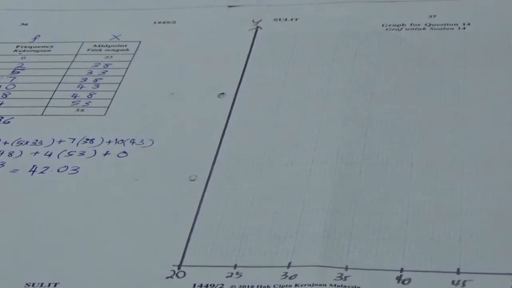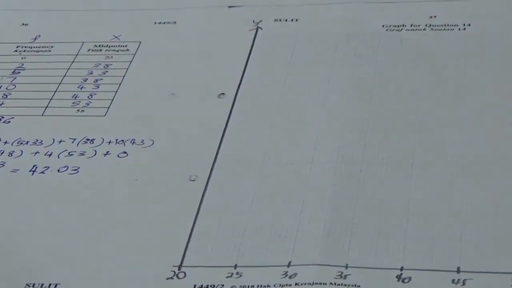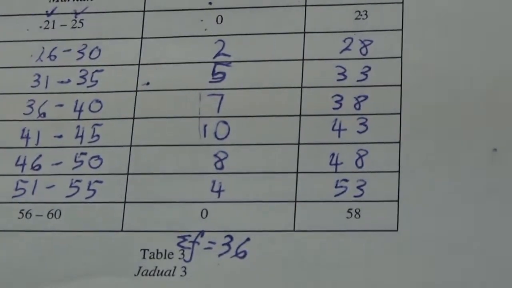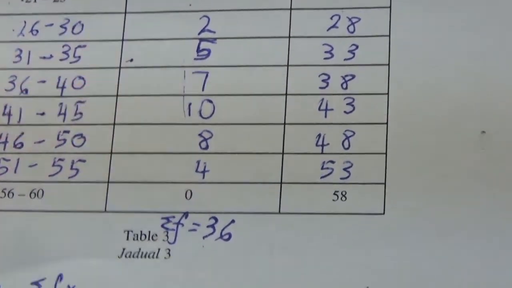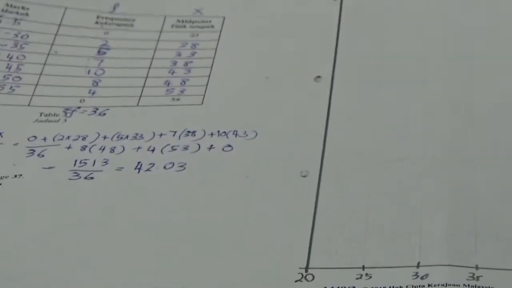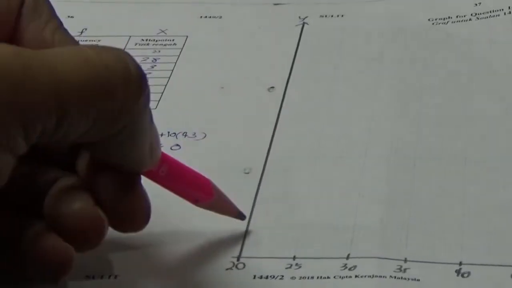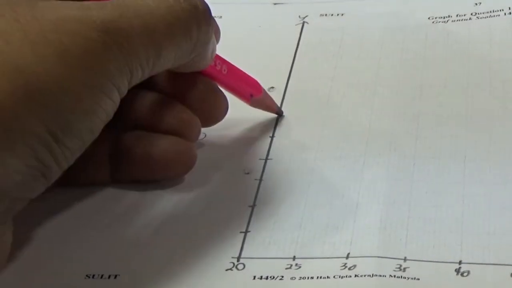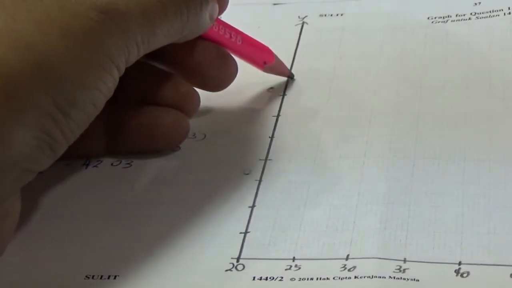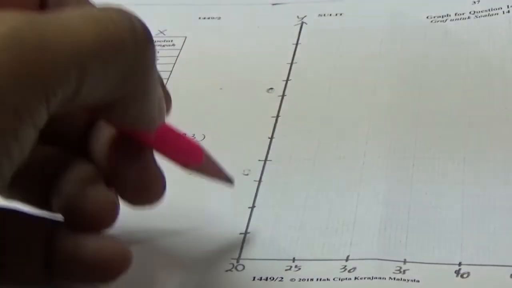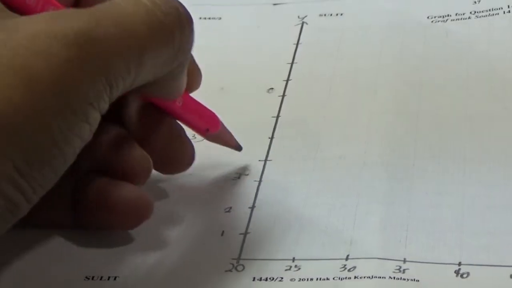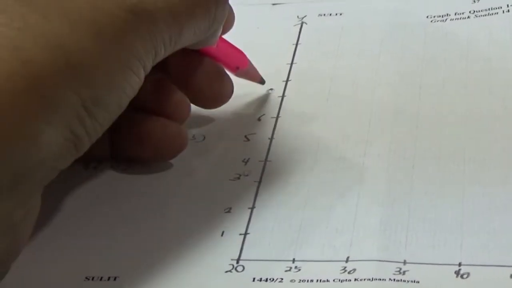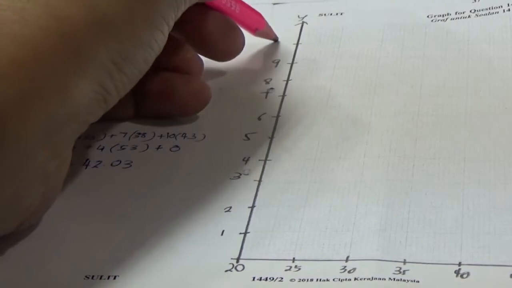As for the y-axis, every 2 cm will represent 1 student, because looking at the frequency table here, the highest number is 10. So we can start labeling it as student 1 for every 2 centimeters. So 1, 2, 3, 4, 5, 6, 7, 8, 9, 10.